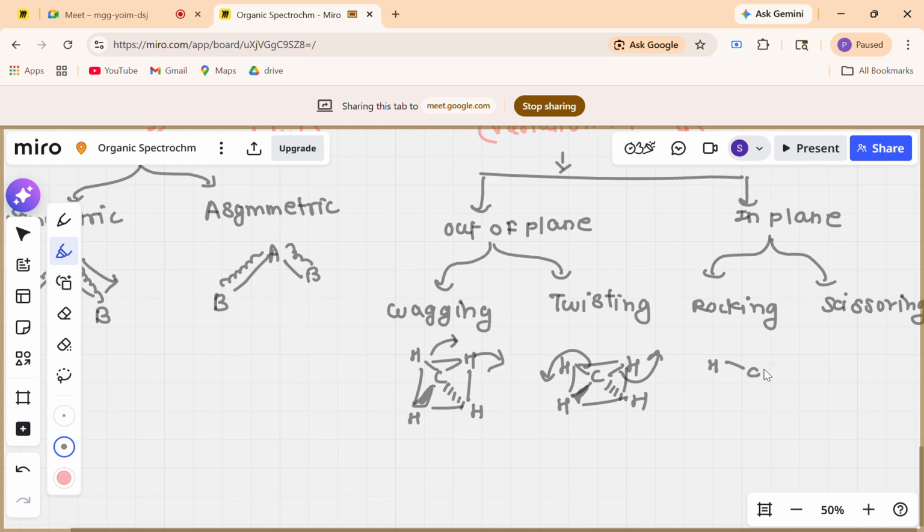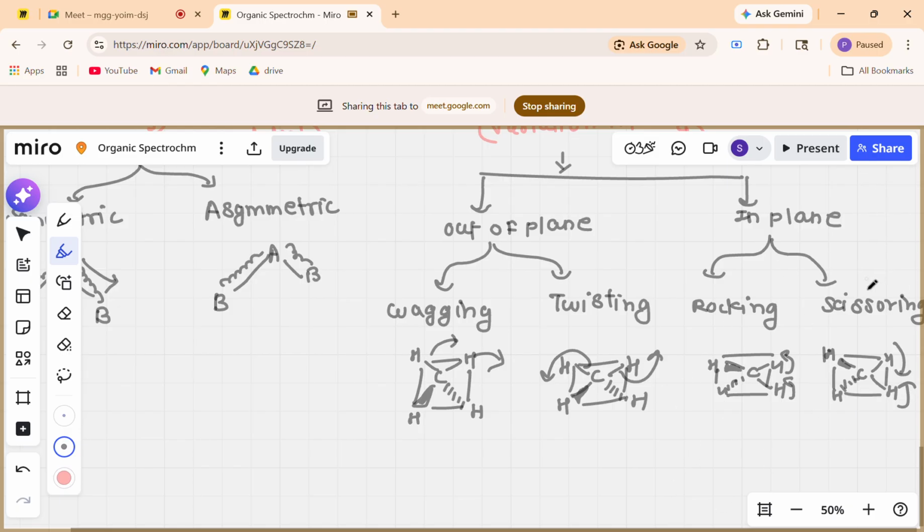So how does it look, and in case of scissoring, this is an in plane bending.